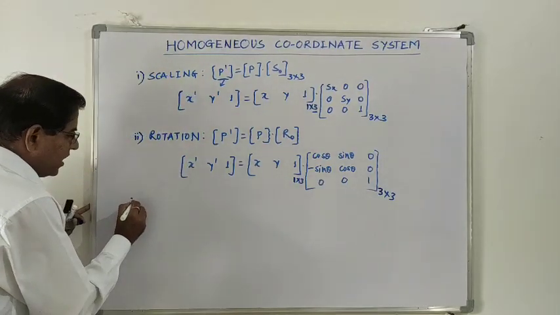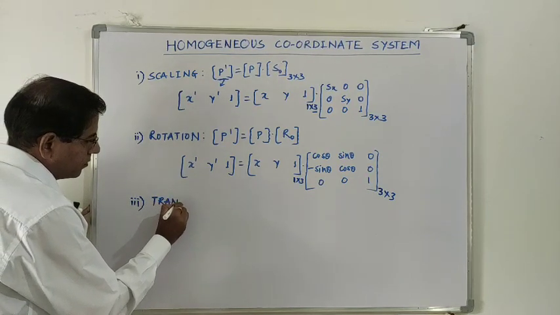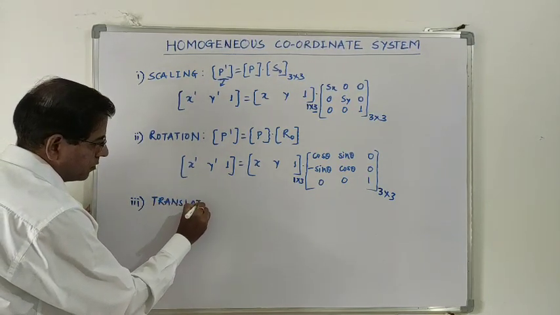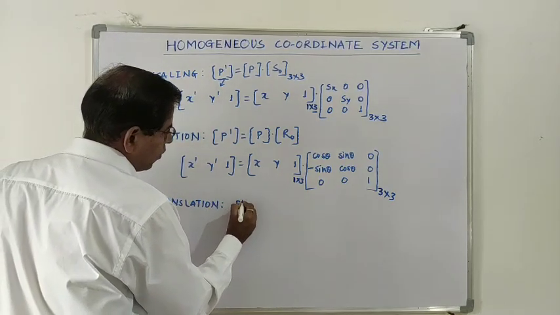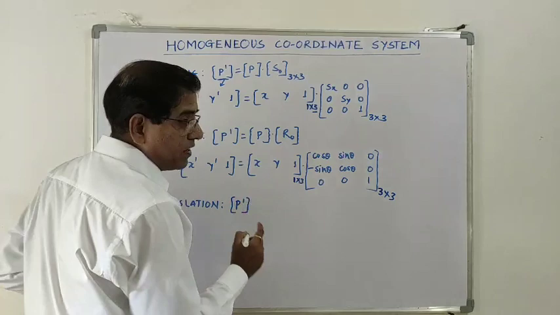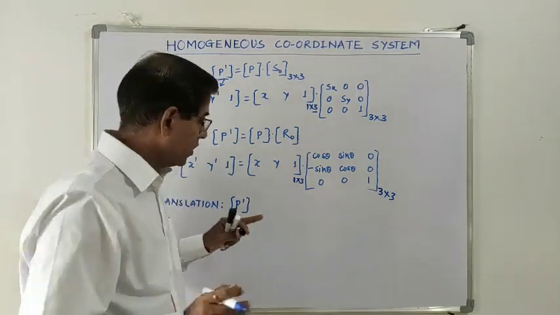Similarly, in translation, translation is also captured by matrix multiplication in case of homogeneous coordinates. This is very important. Okay.